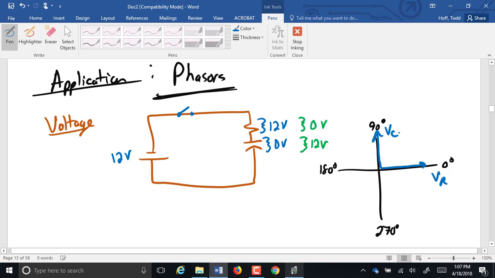The capacitor will have lower voltage. The voltage will build. It'll be after. The resistor starts out with the voltage and the voltage goes to the capacitor. So then as the current reverses, the same thing happens. The resistor voltage will change first, and the capacitor voltage then changes.